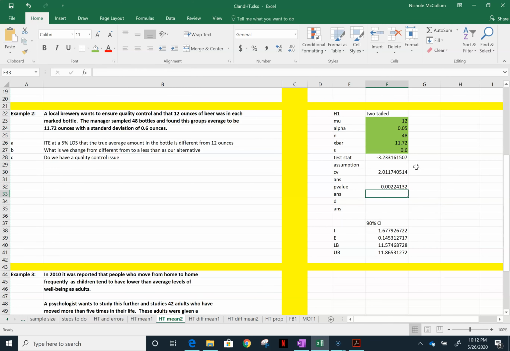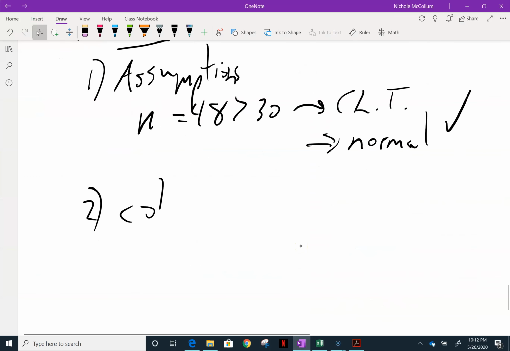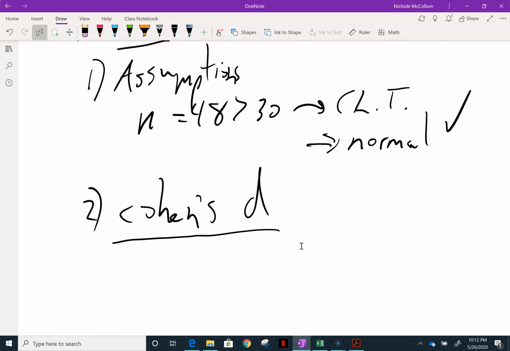All right. What one last thing can we talk about besides the assumption? Sometimes the Cohen's d value is very important to us. What is the Cohen's d value? Well, the Cohen's d value is all about, are you sure the sample size did not give you your conclusion? Some people really believe sample size can really lend to the reason why you rejected or not rejected.